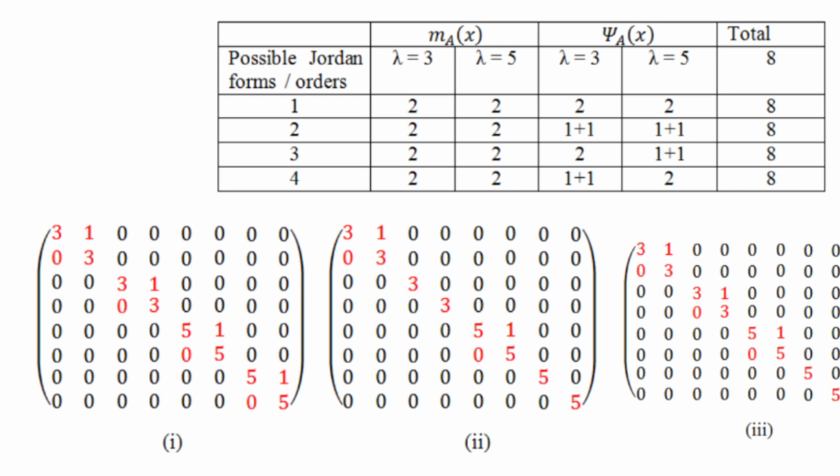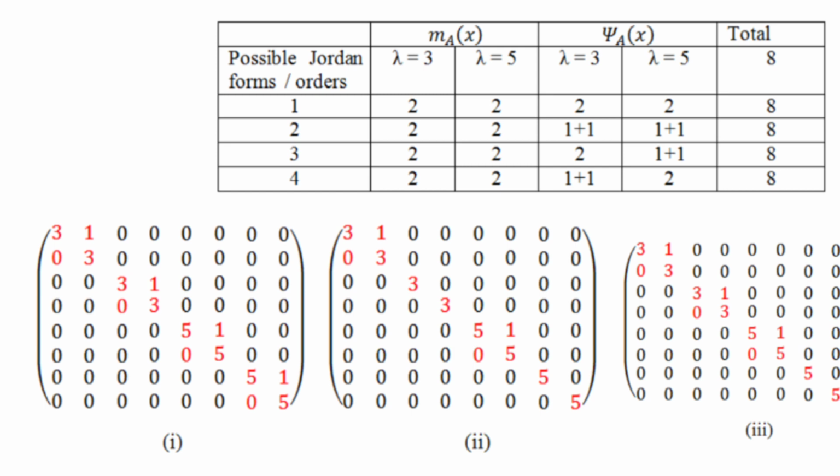Similarly, in the third format, corresponding to MA eigenvalue lambda equal to 3 with respect to MA of x, we have framed a Jordan block of order 2. So therefore 3103. Likewise, corresponding to chi A of x, lambda equal to 3, you have to construct a Jordan block of order 2.